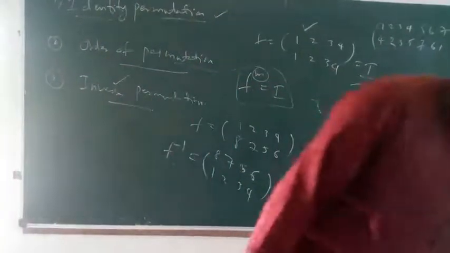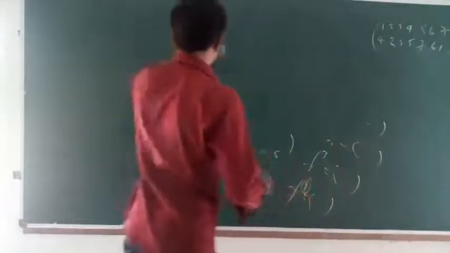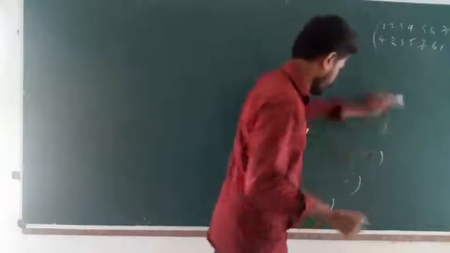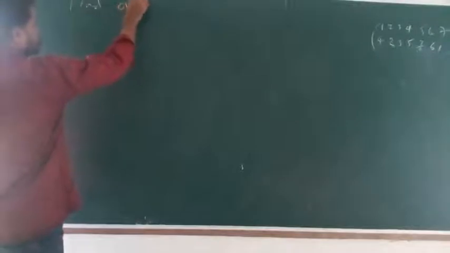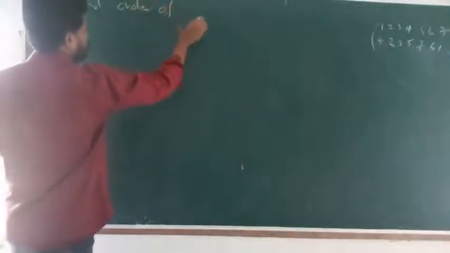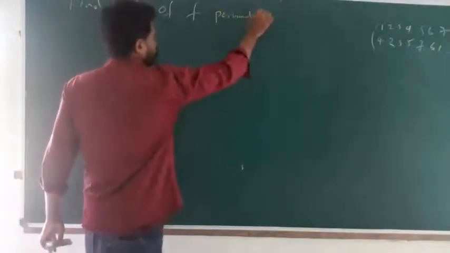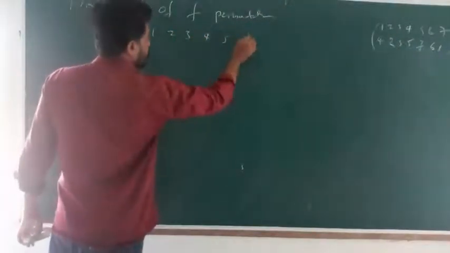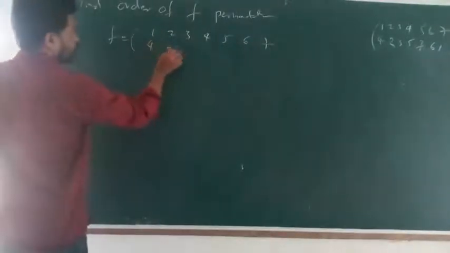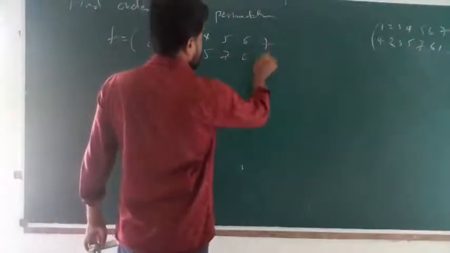Example problem: find the order of the permutation F. What is F? 1, 2, 3, 4, 5, 6, 7 on the first row, with images 4, 2, 3, 5, 7, 6, 1.